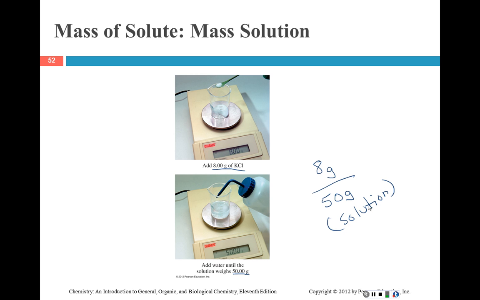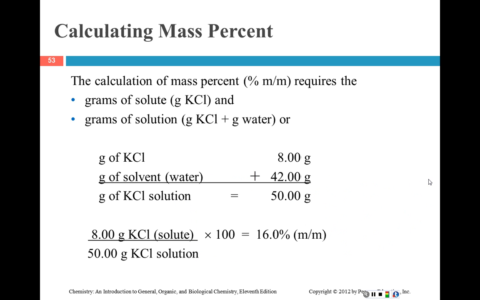Because the solution is the 8 grams plus however many grams of water. So 8 grams of the KCl plus 42 grams of the water gives you the 50 grams total. So 8 grams of KCl divided by 50 grams of the KCl solution times 100 gives you 16% mass.